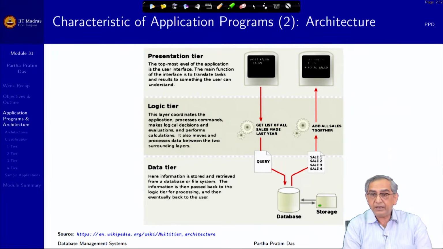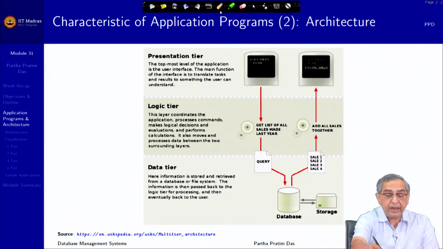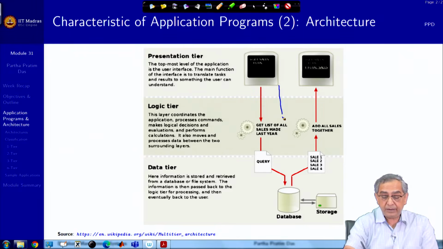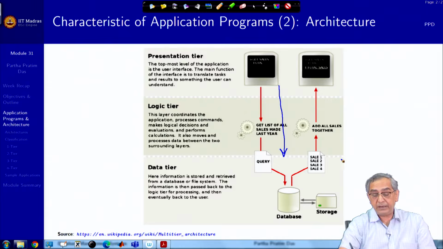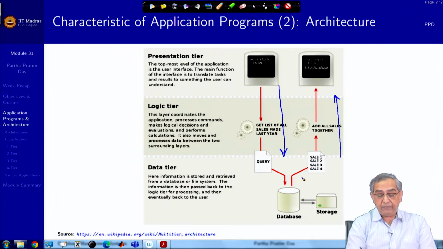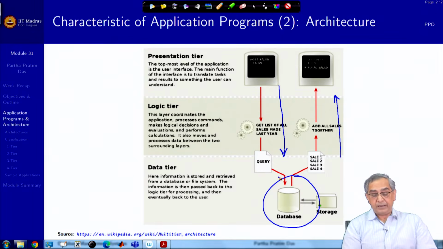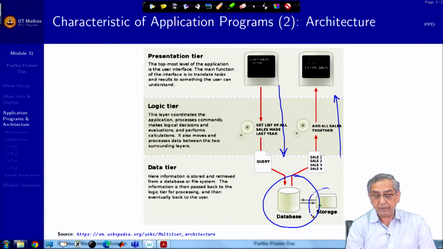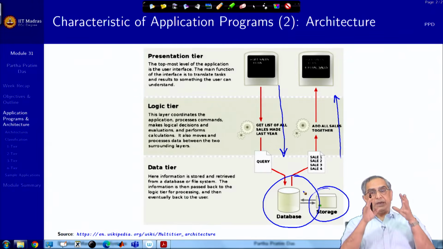There is a presentation tier which interacts with you. There is a logic tier, or the business logic, which makes the lists and information as required, the constraints. On the left you see an input flow coming in, and then service going back, and then finally you have the data tier, where you have the database along with the storage, where the data tables are.